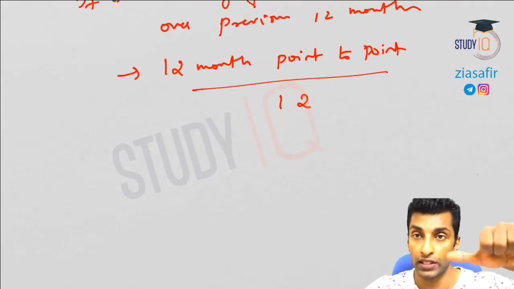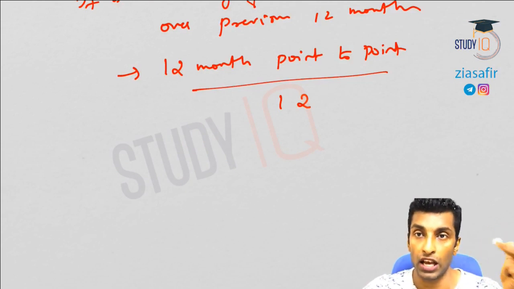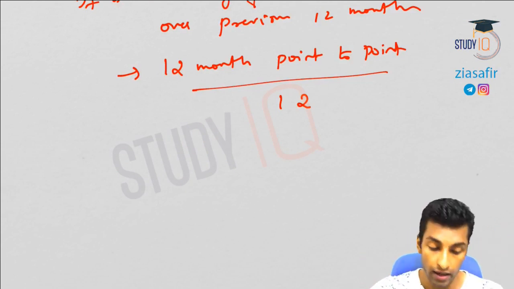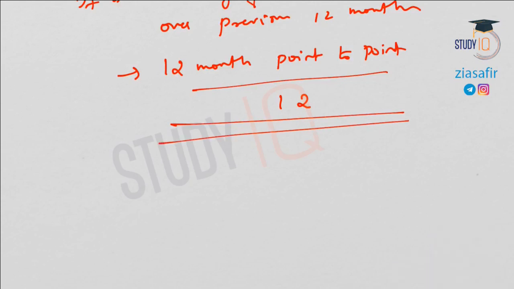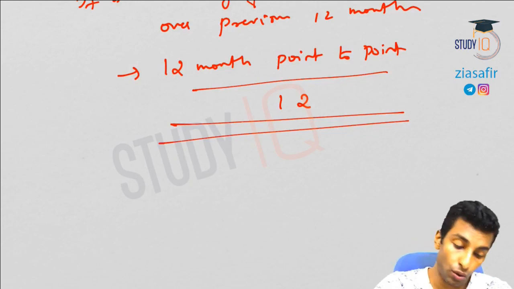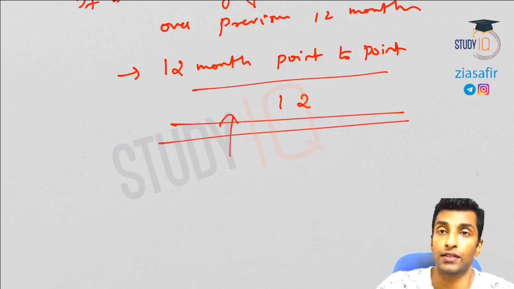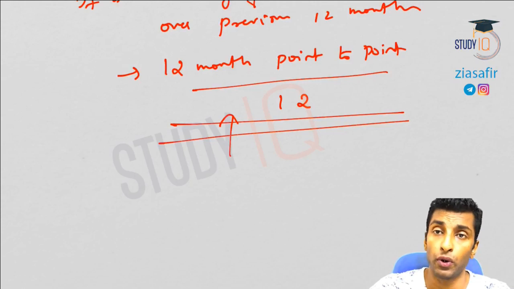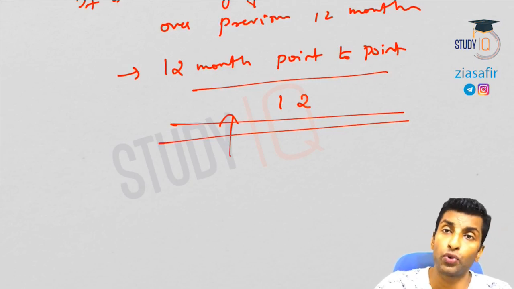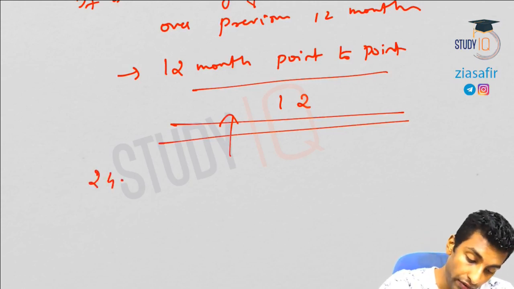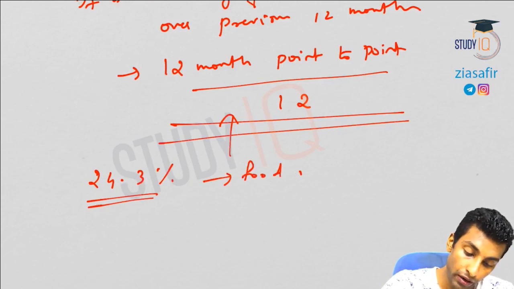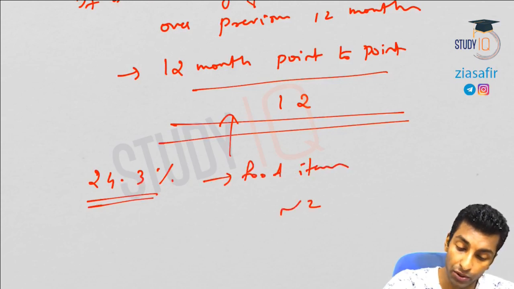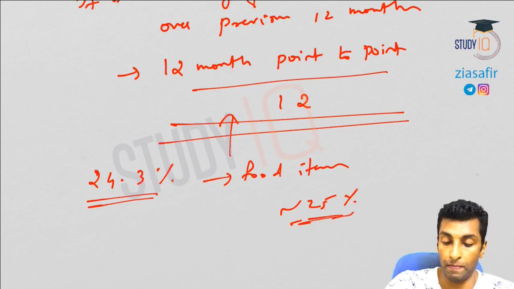So you will calculate for Jan 2020, Feb, March, April, May, every 12 months divided by 12, you will get the 52-week average. So usually point-to-point is used. So this one is actually used for analysis. 52-week average is also used for analysis. Now what is the weightage of food items in this WPI? The weightage of food items is 24.3%, okay? You just need to know roughly 25%.